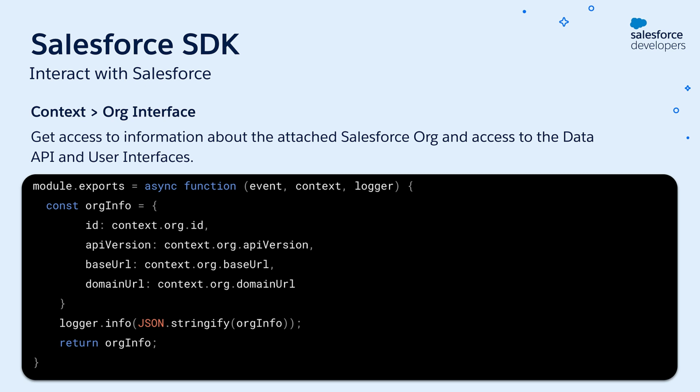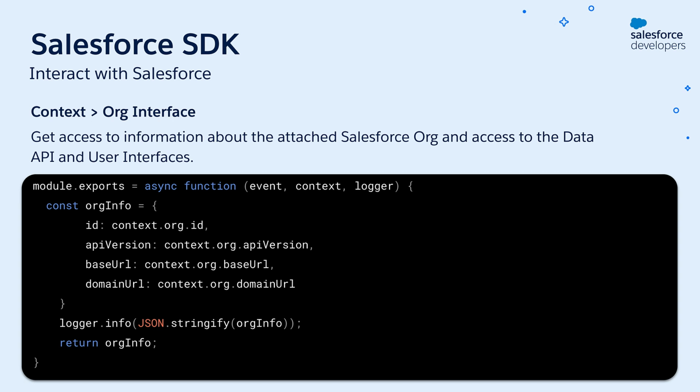For example, the org interface would give you information about the authenticated org that your function is getting access to. You can get the ID, the API version, the base URL and domain URL.